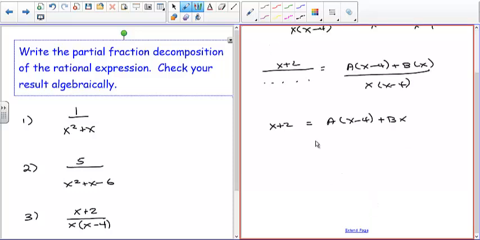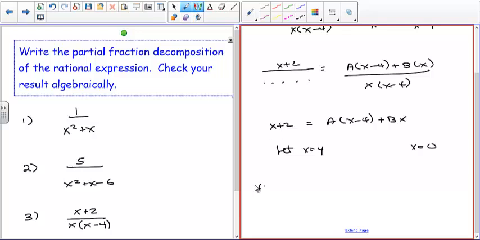Like that. And again, because they're two distinct linear factors, we're going to choose x. So we're going to let x equal 4, which will make that go to 0. And we'll let x equal 0, which makes that go to 0. So what we have is, in this case, I do have to plug something in on the left-hand side.